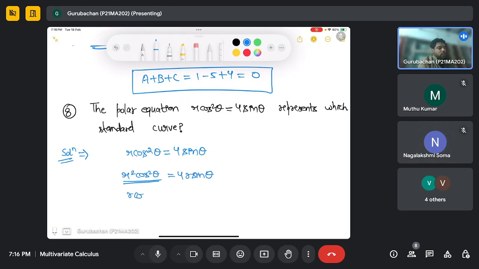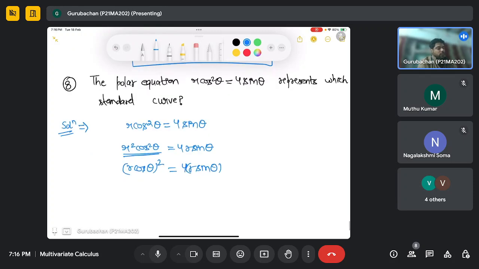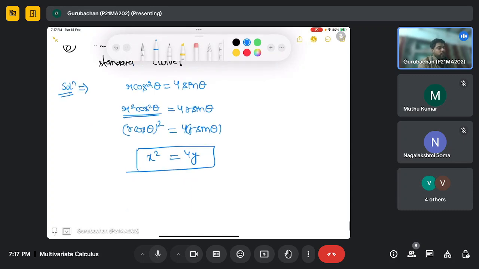So this will be (r cos theta) whole square equal to 4 times r sin theta. Now we know that r cos theta is nothing but x and r sin theta is nothing but y. So this will give us x square equal to 4y, which represents the parabola. Okay.